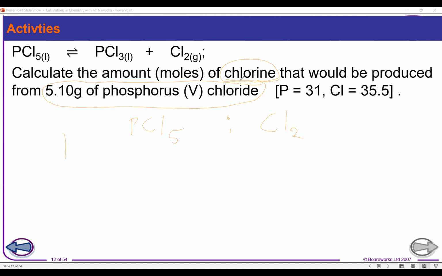I'll say 1 mole of PCl5 gives us 1 mole, will give us. I mentioned will give us, and I wrote equals to. That doesn't make any sense. Equals to does not mean will give us. So what should I use to represent will give me? I say 1 mole of PCl5 will give me here.